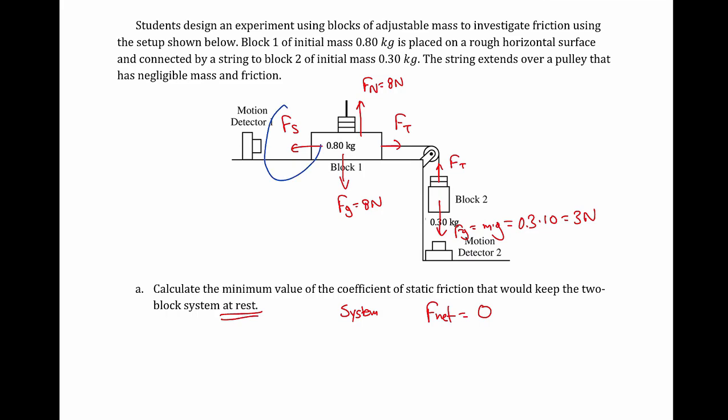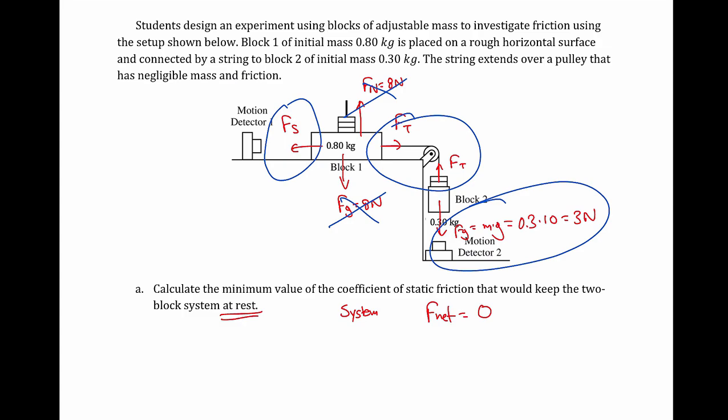The external forces are the friction and this force of gravity. The normal force and this force of gravity cancel each other, and the force of tension is an internal force. So force of gravity on the second object minus force of friction is equal to 0. So 3 Newton will be equal to the force of static friction.